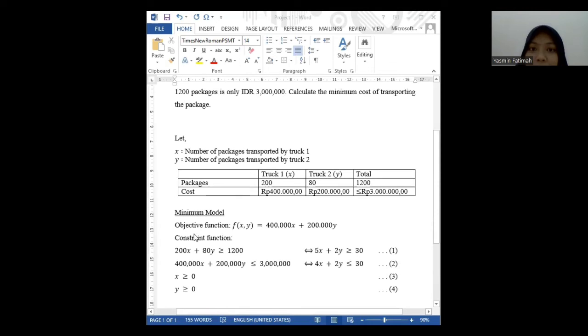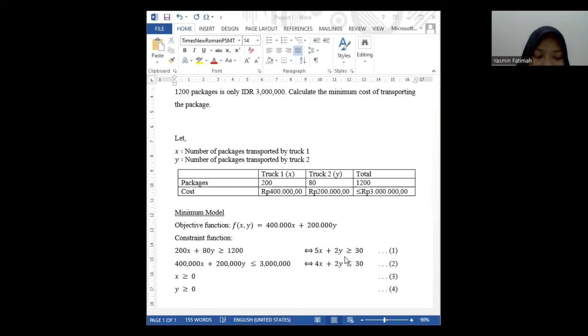We obtain that the objective function f(x, y) is equal to 400,000x plus 200,000y. The first constraint is 200x plus 80y is greater than or equal to 1,200, and we can simplify it to 5x plus 2y greater than or equal to 30.